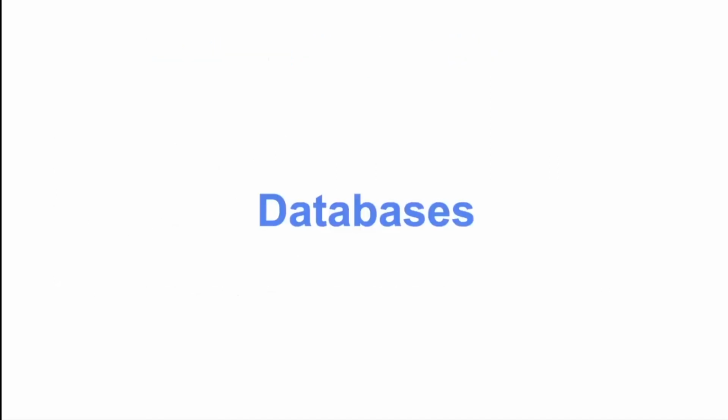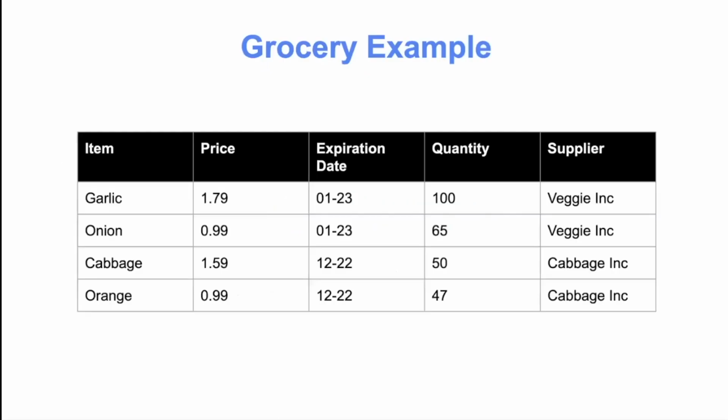So let's start with databases. Maybe you've heard of databases, and when you think about databases, you probably think about tables. In this example, I have a grocery and an inventory. I can have a table of the items in my grocery, the price, the expiration, how much I have of those items, and which supplier is supplying me.